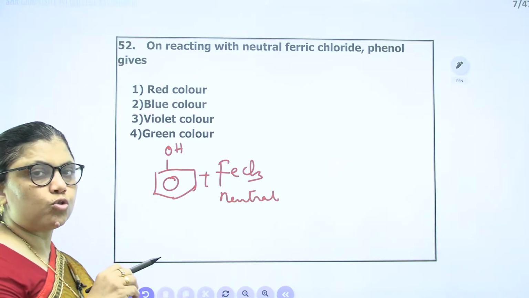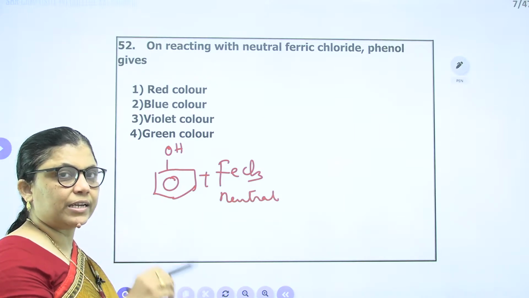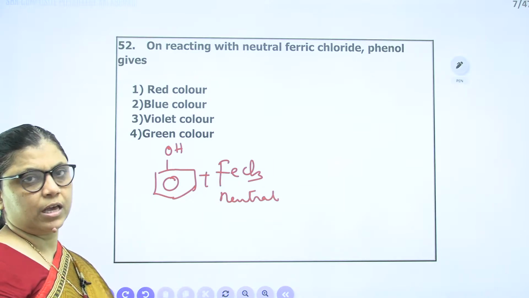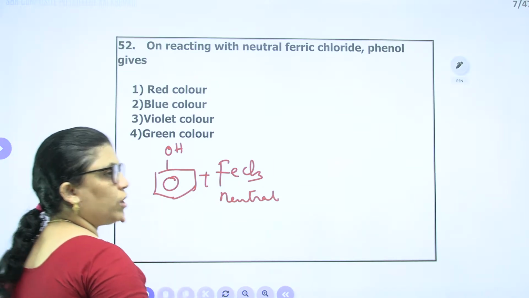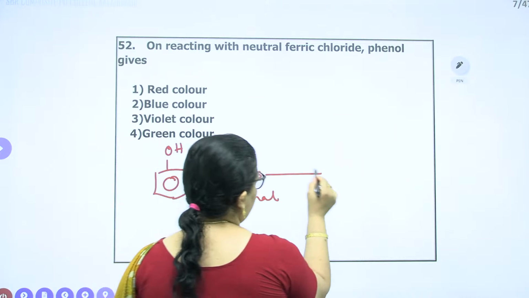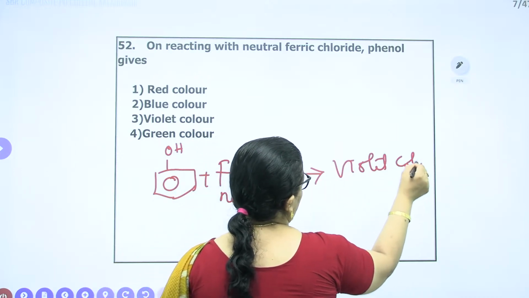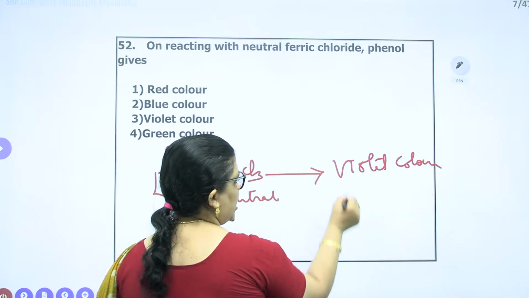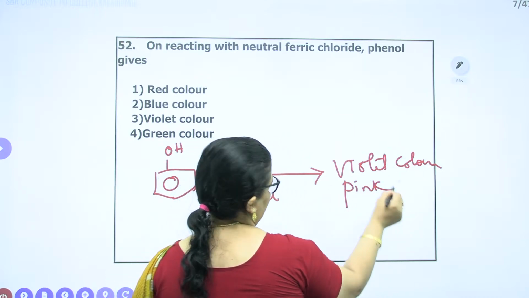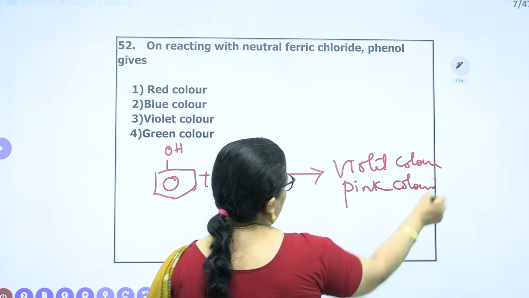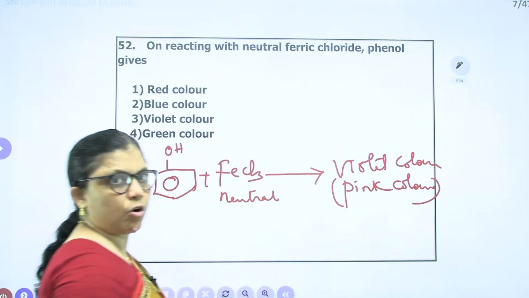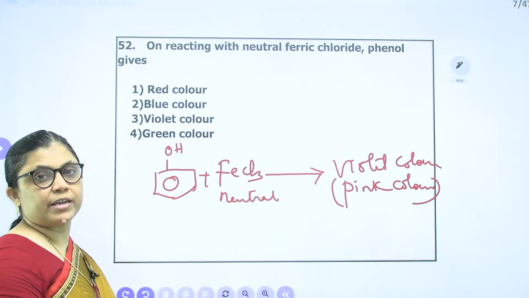By putting 2 drops of ammonia over there, we get neutral FeCl3. When phenol is treated with neutral FeCl3, there is formation of violet color. But in NCERT, they have mentioned it as pink color. Violet or pink color is obtained, which is a characteristic reaction.